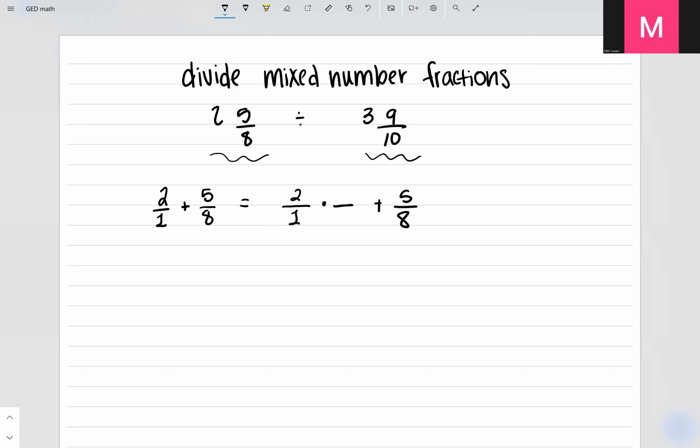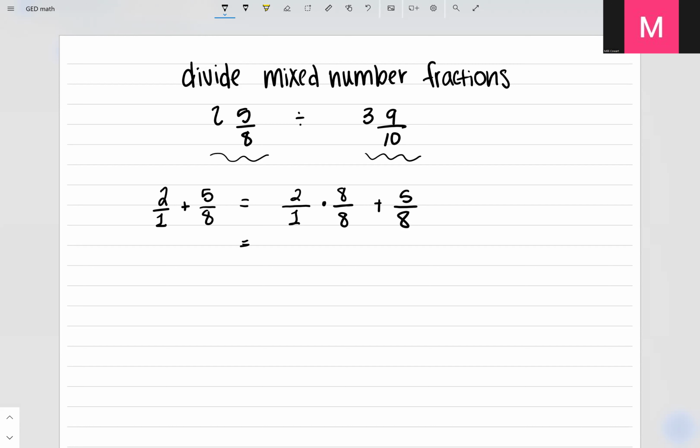And we need to get the common denominator here and here. So we want to multiply this by 8 over 8 on the top and the bottom to get an 8 on the bottom of that fraction.